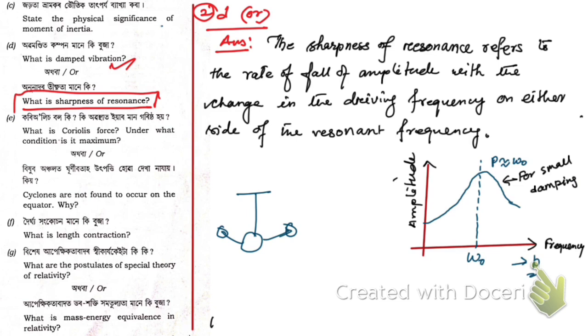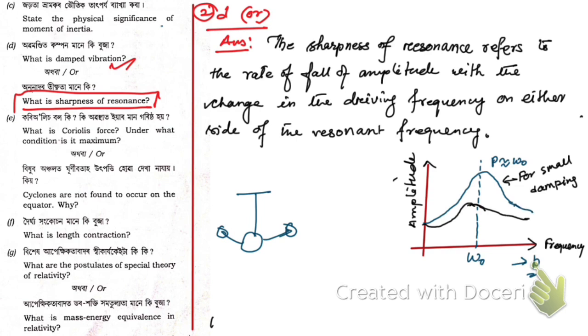Right? And for large damping, so let me use another ink. Then the maximum amplitude peak, this peak will shift a little bit towards the left in case of large damping, right?